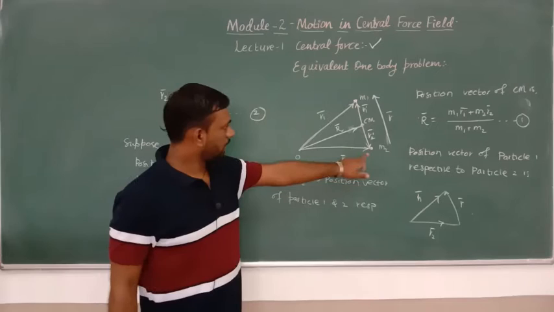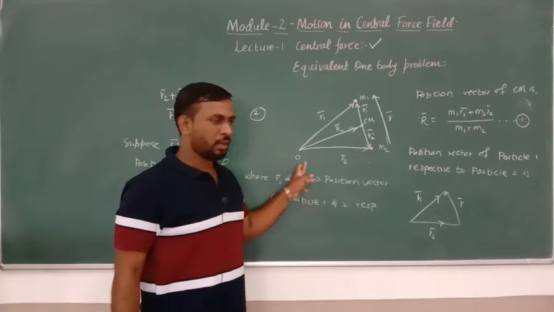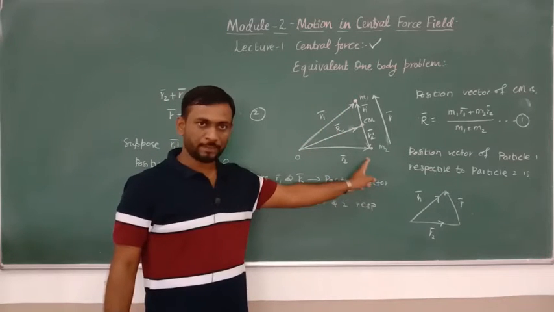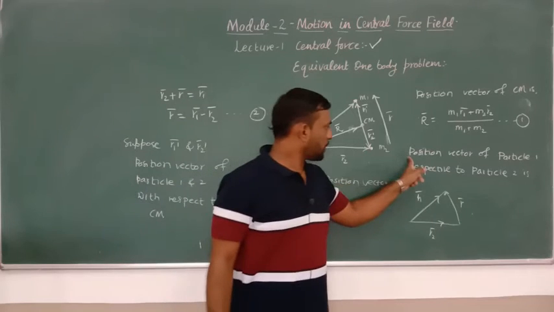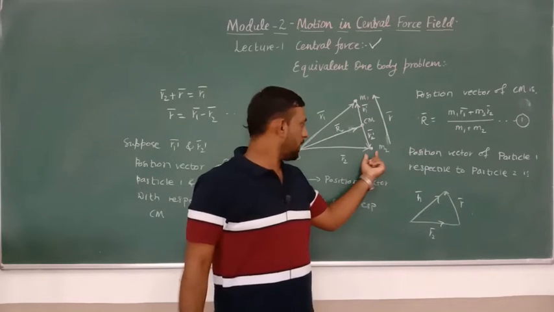Okay, so clear. In the first case we assign O as origin, and with respect to O we assign the position vectors of the first and second particle. Secondly, for the position vector of the first particle with respect to the second, we consider the second as the reference point.